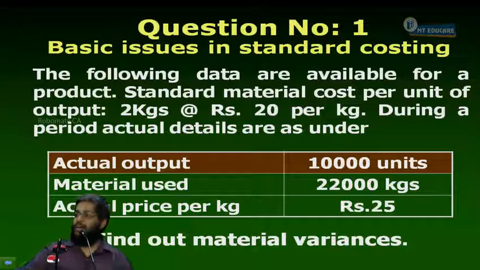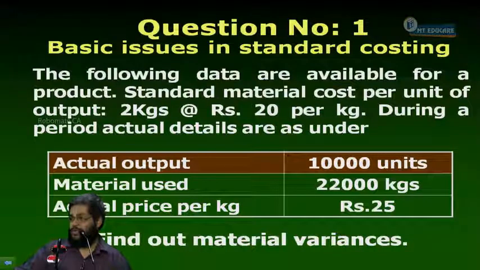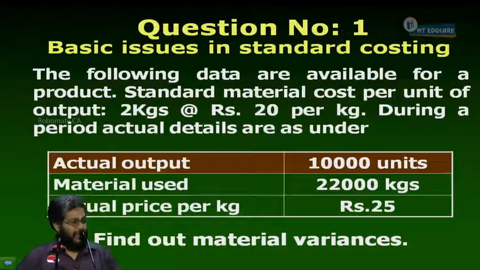Standard material cost per unit of output 2 kgs at 20 per kg. During the period, the actual details are as under. Actual output produced 10,000 units. Material used 22,000 kgs. Actual price per kg 25 rupees. Find out the material variances.